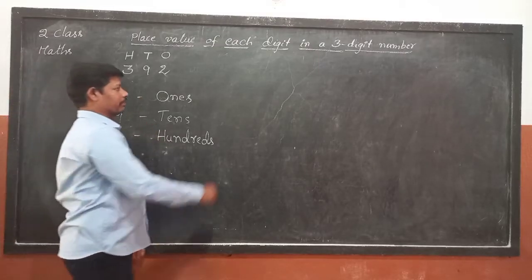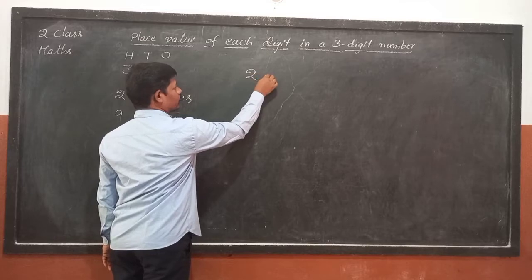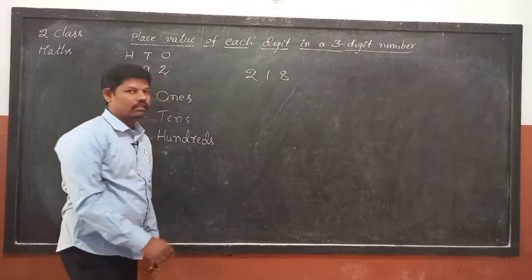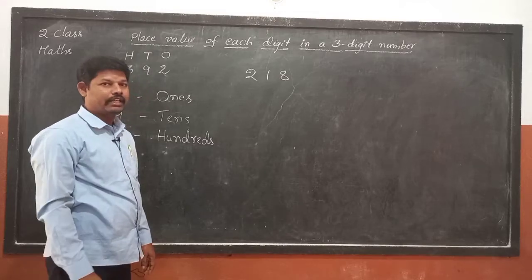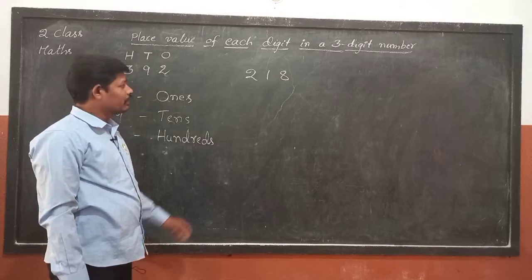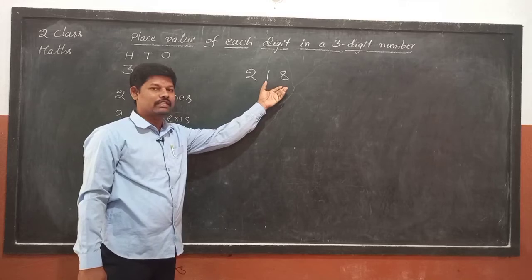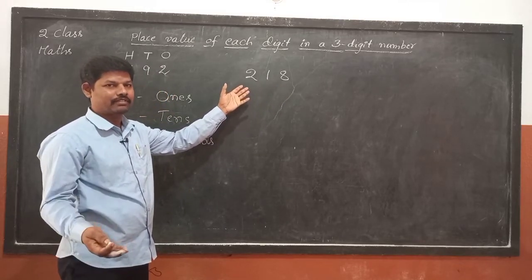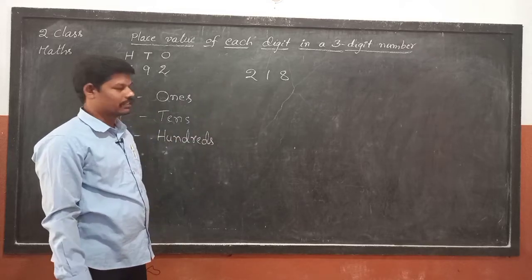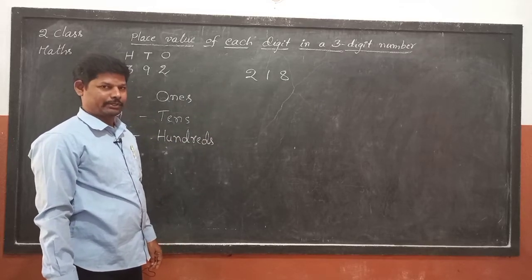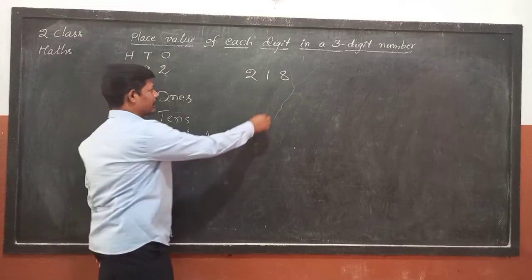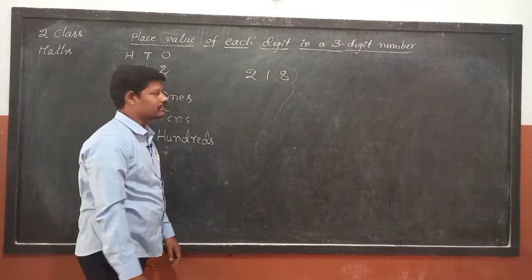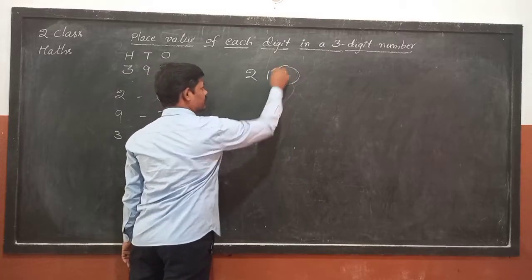Now let us take one more number. For example, 218. Which digit is in the ones place? In this number, which digit is in the ones place? Yes, that is the right answer. 8 is in the ones place.